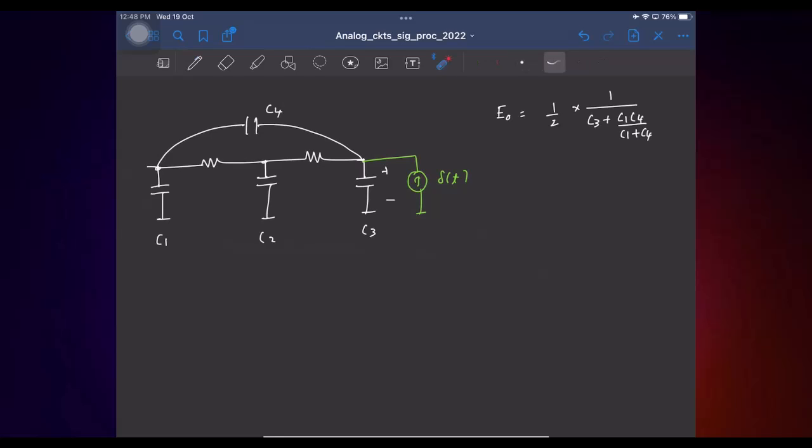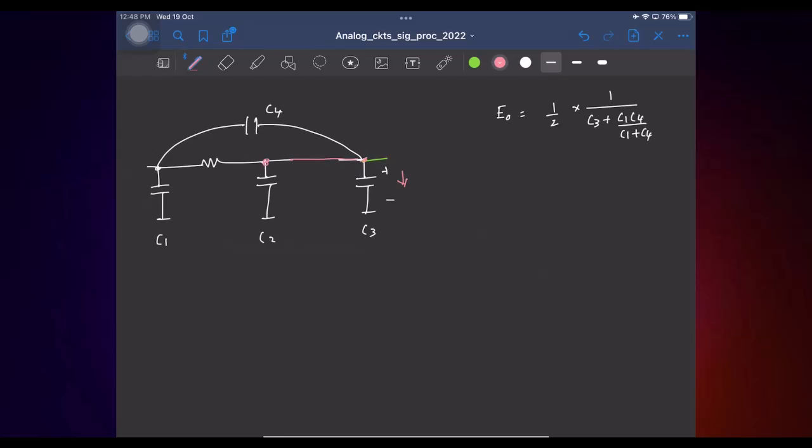The capacitors don't have a path to discharge, and in steady state this is going to attain some constant voltage. In steady state, current is 0 and resistors can be treated as short. So this current source is also not active. C2 will come in parallel with C1. So this current is 0, which means these two voltages are equal.